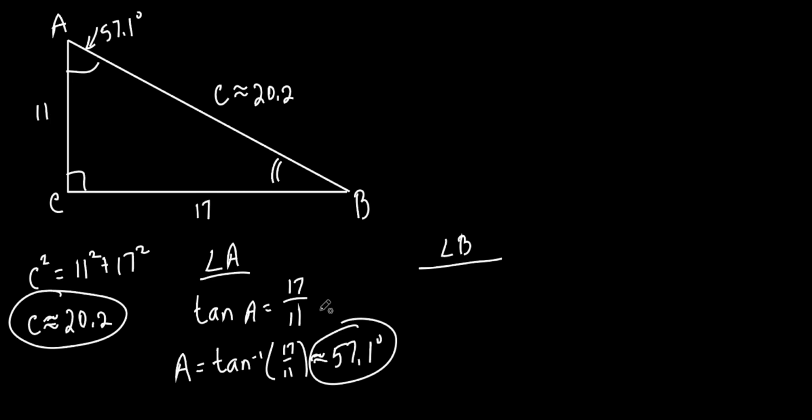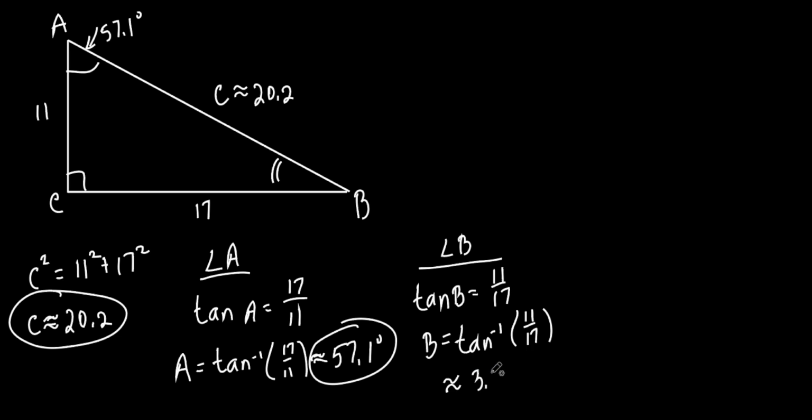It's flipped when I do the other angle. So the tangent of B is equal to 11 over 17. Solve for B. It's the inverse tangent of 11 over 17. Put that into a calculator, and you get about 32.9.